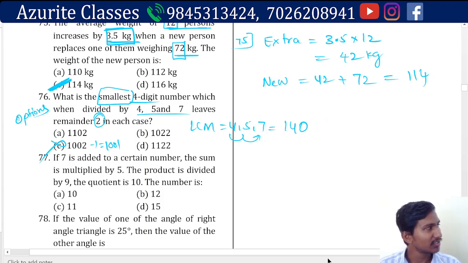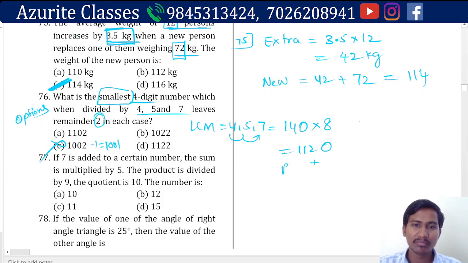So 140 multiplied by 8 is 1120. Then plus the remainder 2, if you add it, you will get 1122. 1122 is the answer, option D here.